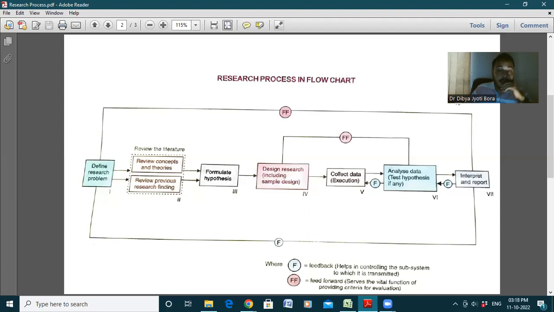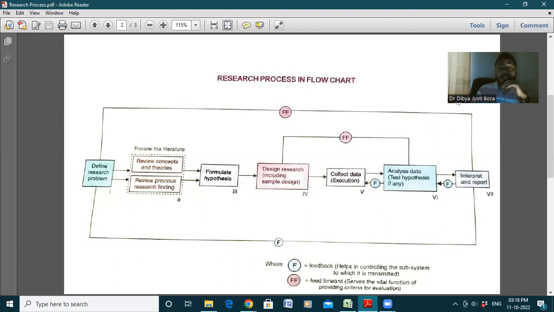then analyze the data. Collect data is very important because without data we cannot do anything, right? If it is specifically an empirical type of research, we cannot do anything without data.